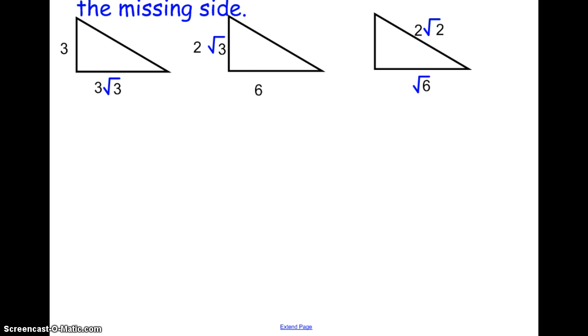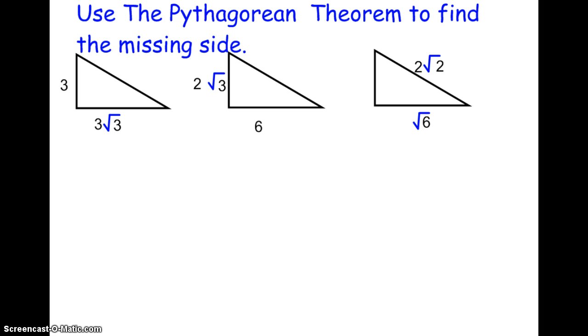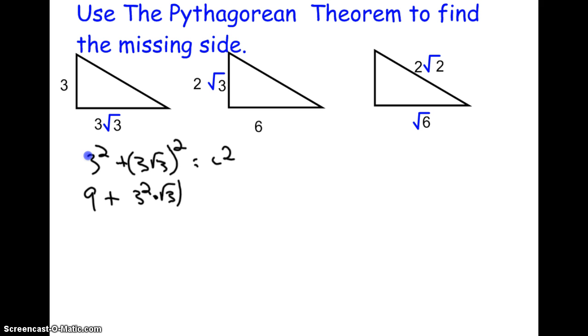Okay, to find this side, use the Pythagorean theorem. We got 3 squared plus 3 square root of 3 squared equals c squared. That would be 9 plus 3 squared times the square root of 3 squared. That would be 9 plus 3 squared is 9 times 3.